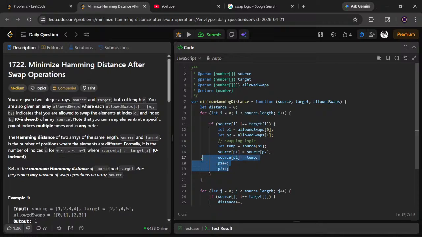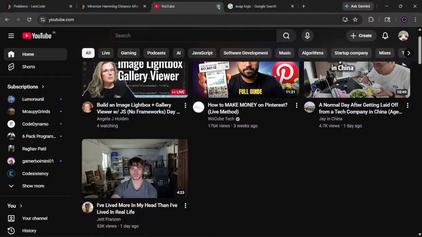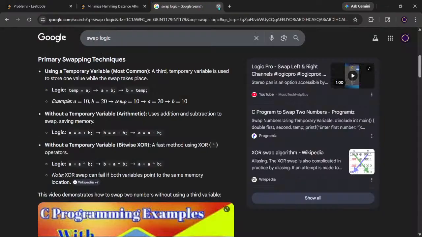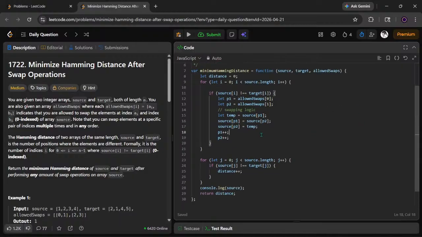But I think all this is wrong. How do I access this swapped allowed swaps? Should I ask AI for a little bit of a hint? Since my brain is not able to catch up with the logic, I'm just asking for a small hint.